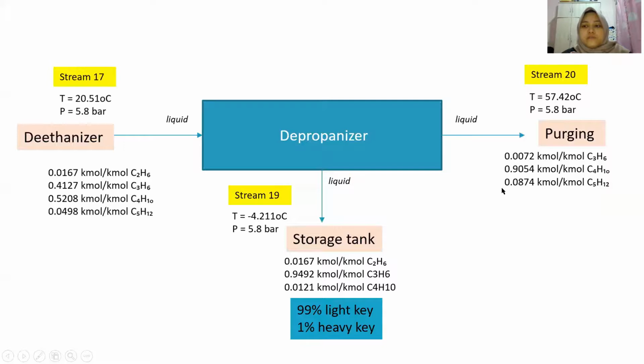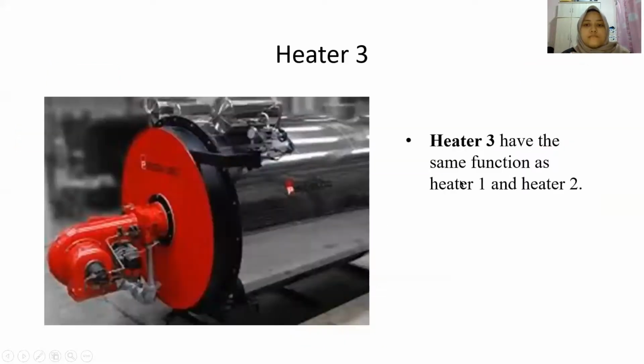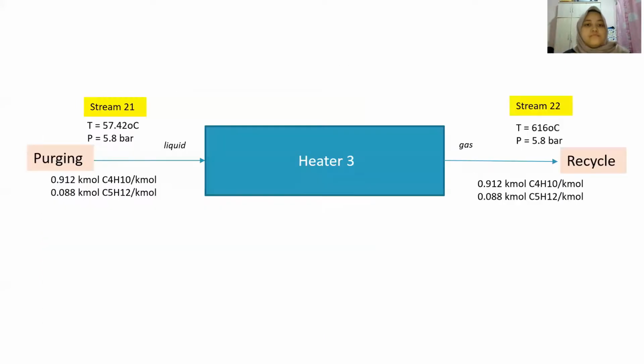The purging is used to prevent build-up in the furnace. The next unit is heater 3, which has the same function as heater 1 and heater 2.